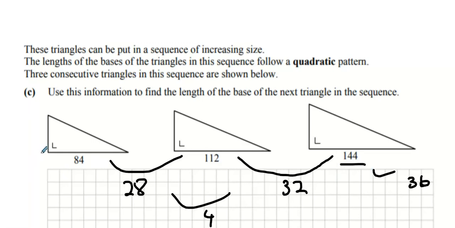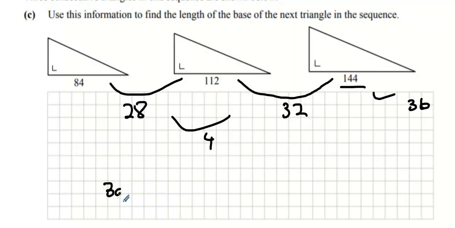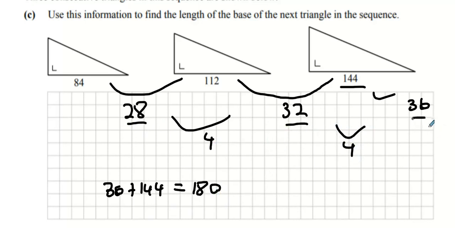So 36 plus 144 should be 180. Because remember, in quadratic functions, it's the second difference that's the same. The first differences are different, but the second difference, which is 4, is the same.